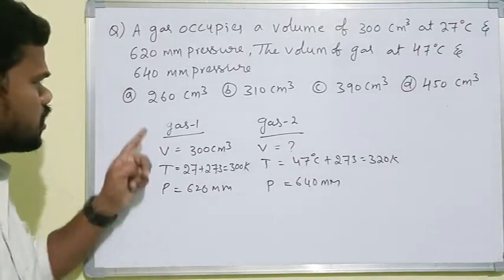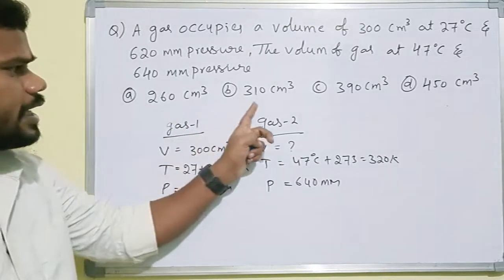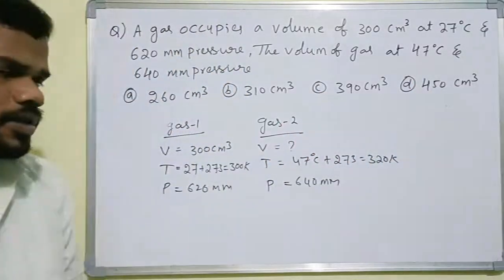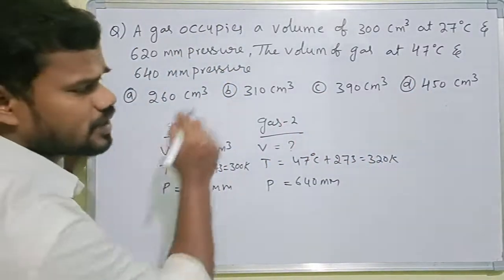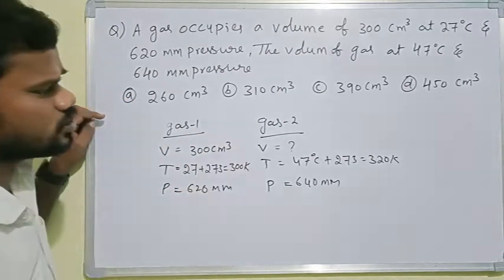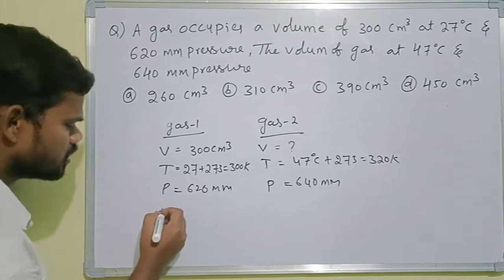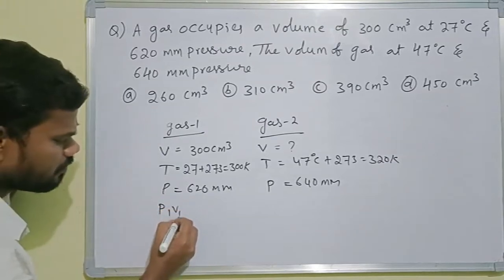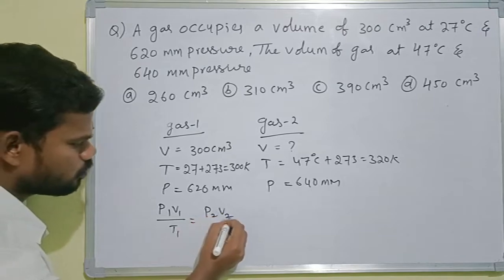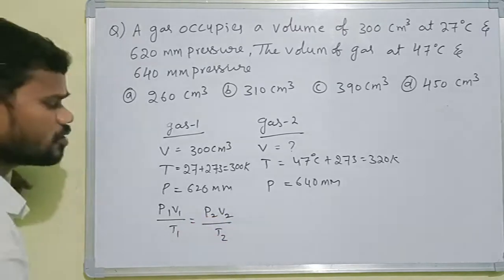So how much volume does it occupy? They have given options: 260, 310, 390, 450 centimeter cubed. Among these, which one is correct? We have two gases, so which formula do we use? P1 V1 by T1 equals P2 V2 by T2. What do we want to calculate?